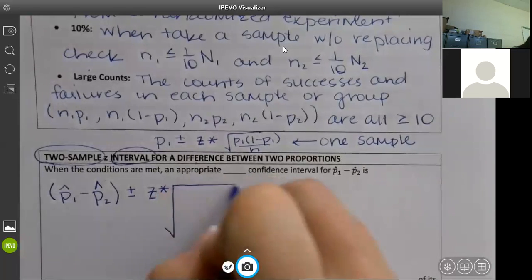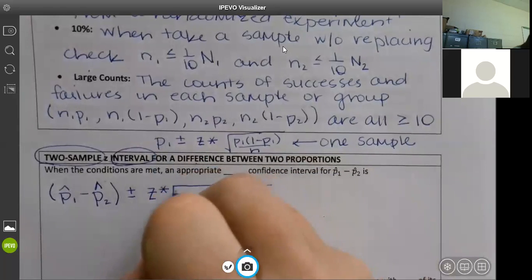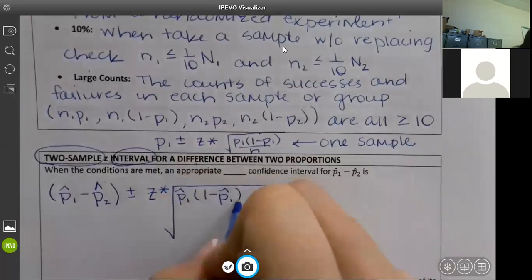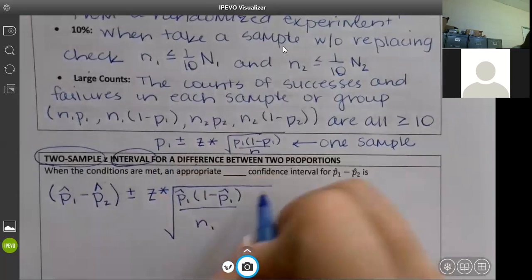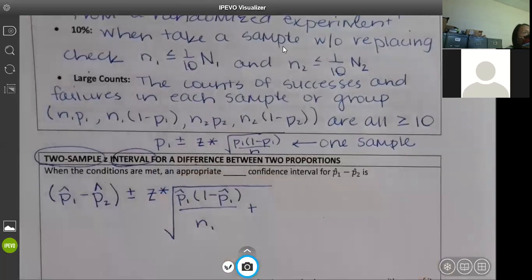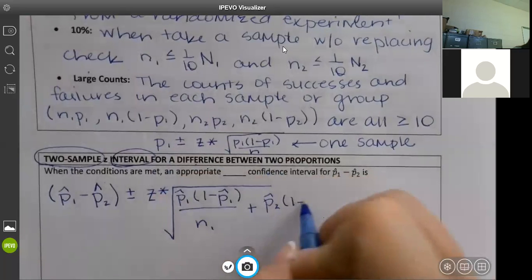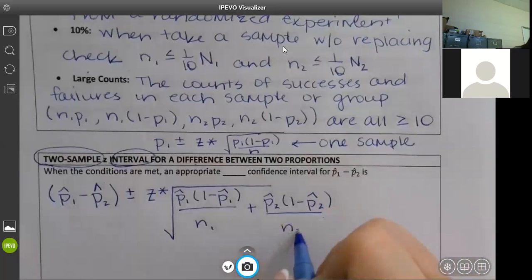Big fat square root of your P hat 1 (1 minus P hat 1) over N1. Remember, with variances and standard deviation, we always add. P hat 2 (1 minus P hat 2) over N2.